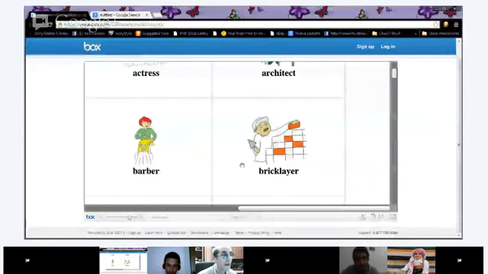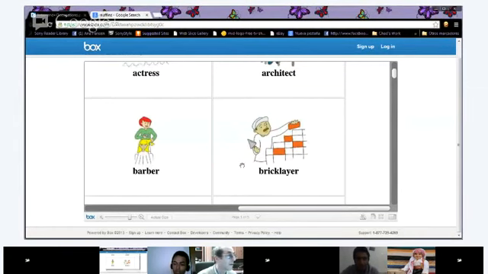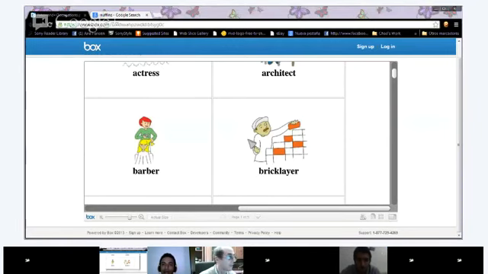In class, what does this look like a bricklayer does? Building. Yes, building. Okay. And building specifically with what? With what type of material? Brick. Make walls. Okay. With bricks. Great. Now, class, what can we build out of bricks?